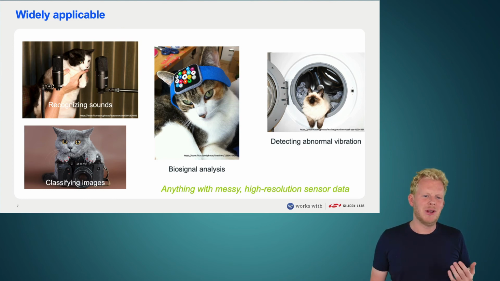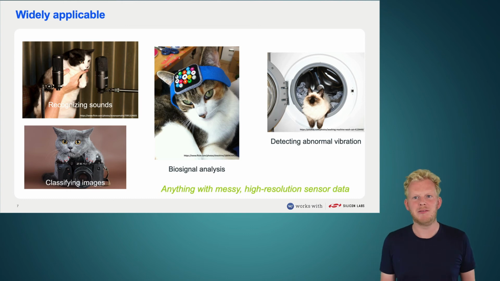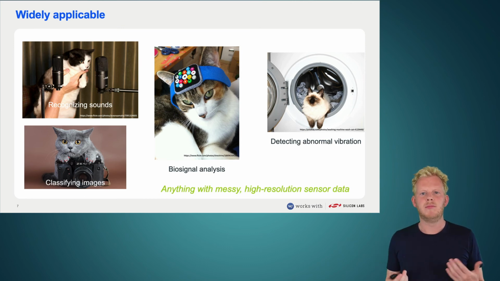So if you look at applications, naturally you're recognizing sounds. That can be humans, or it can be just audible events. Glass breaking is a very standard example. Biosignal analysis: one of our largest customers is a wearable manufacturer, and they use embedded machine learning to detect if a person is healthy, if there's something weird going on, what type of activity they're doing. You can think about it in the sense of industrial or maintenance, detecting abnormal vibration patterns, for example.